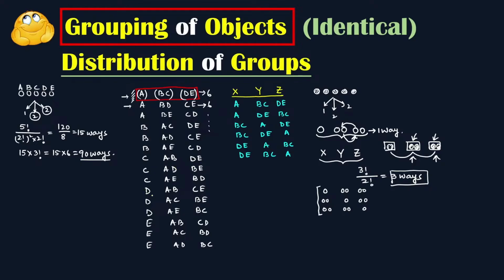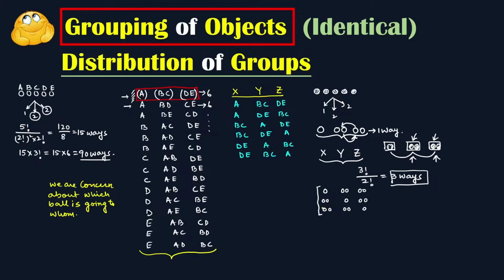The major difference is that when the balls are all distinct, we are concerned about which ball is going to whom. Yes or no? Which ball is going to whom, that we are concerned about in case of distinct balls.